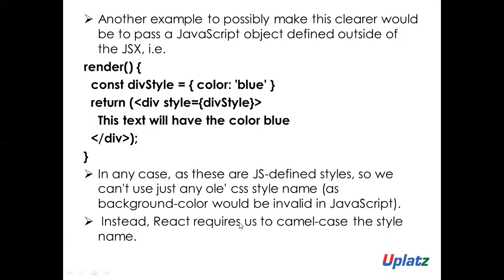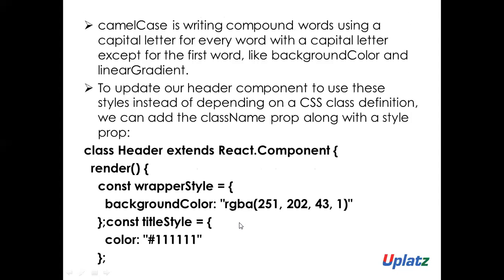Instead of that, React requires camel case. Camel case is writing compound words using a capital letter for every word except the first word, like this is the camel case. backgroundColor, C would be caps, and linearGradient, G would be caps.